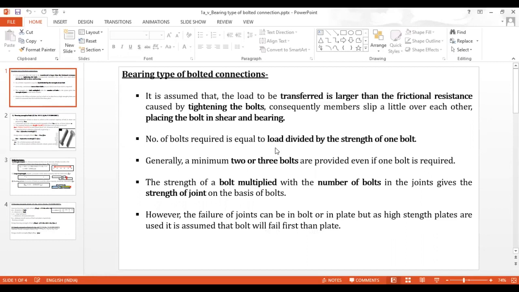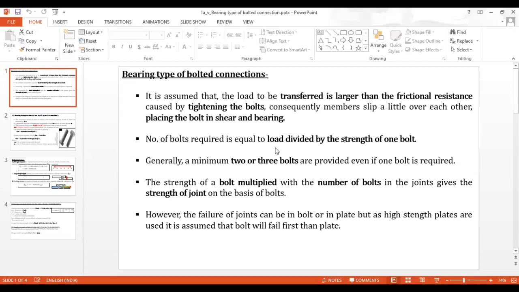Hence we design the bolt for shearing and bearing strength and not for tearing strength, because the force required for tearing the plate is very much larger and it occurs very seldom. That's why a bolt is designed for shearing and bearing.